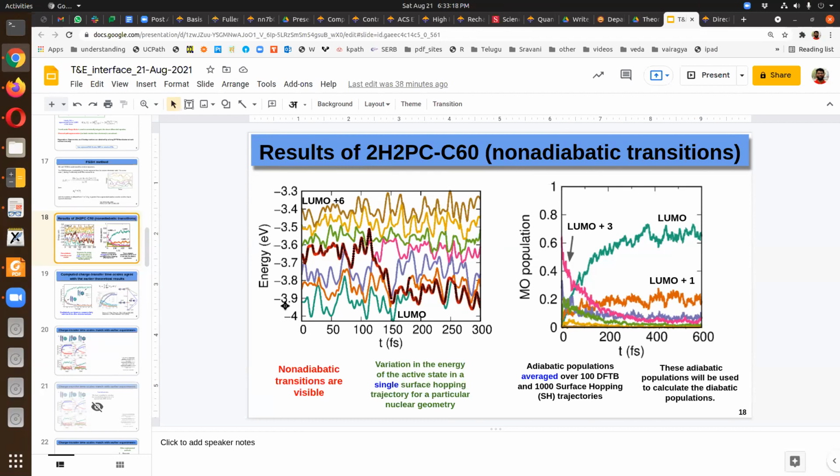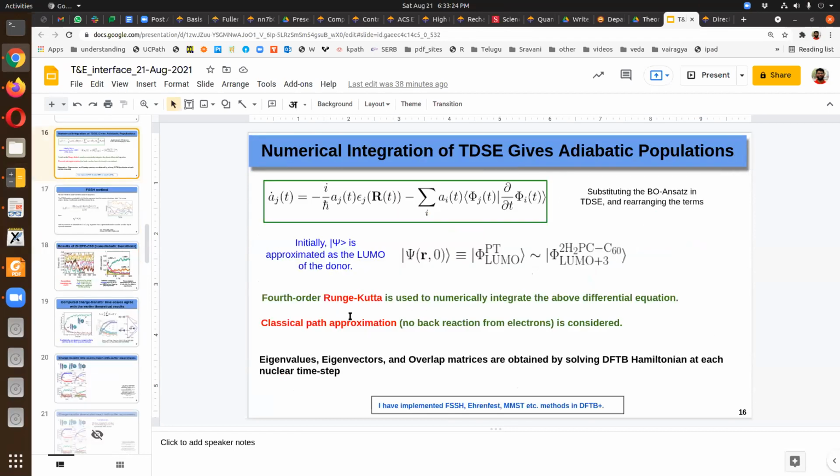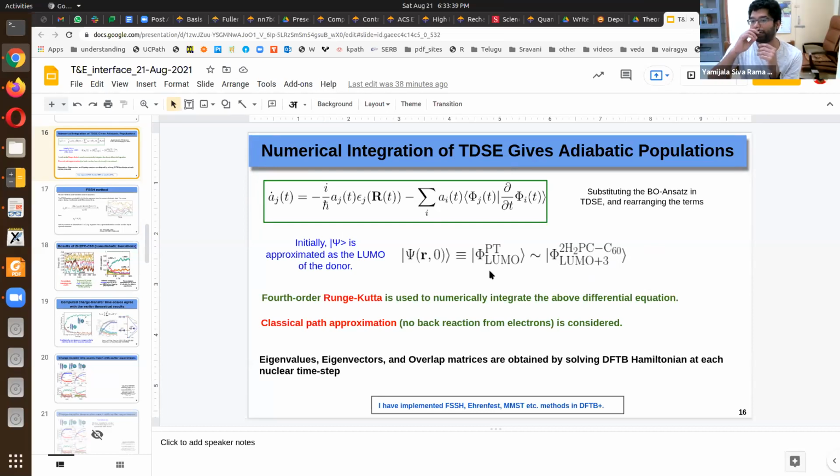On slide number 16, we're showing some initial condition of that I as 0 equal to LUMO. Why is this donor LUMO important? Because when it's donating, I suppose it is from the HOMO, right? What we are trying to simulate is what happens after the excitation has happened.